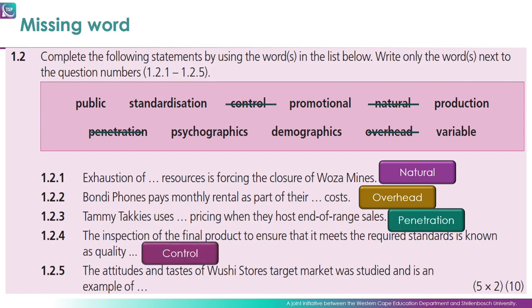Control has been crossed out there. 1.2.5, the attitudes and tastes of Wuxi stores' target market was studied and is an example of psychographics. Psychographics has been crossed out there.